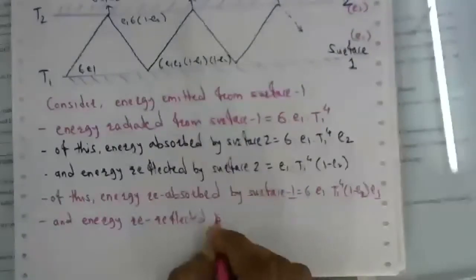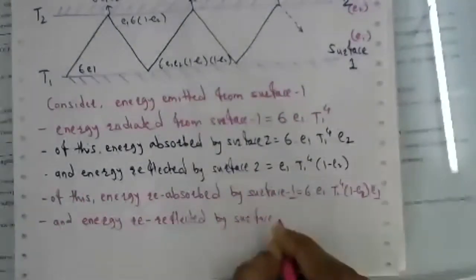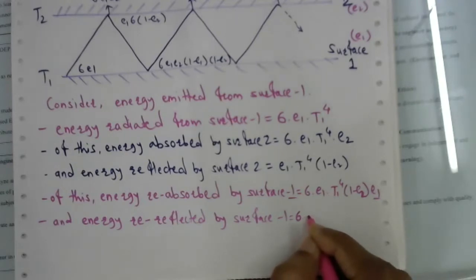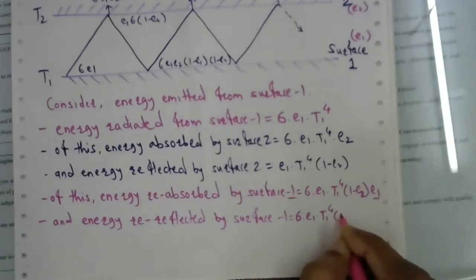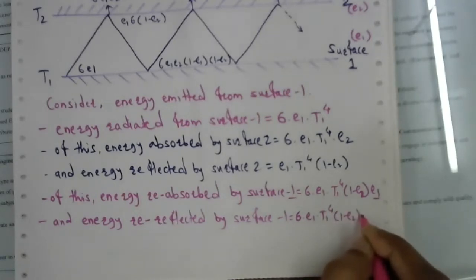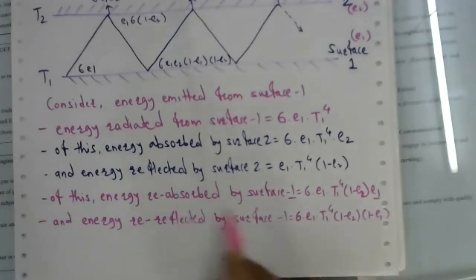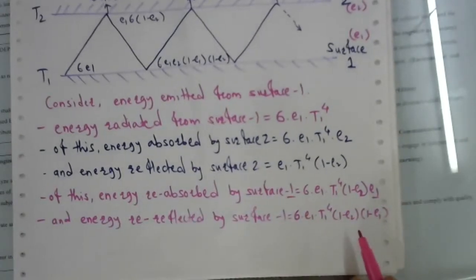The energy re-reflected by surface 1 is sigma E1 T1 raised to 4 into 1 minus E2 into 1 minus E1, because some part is absorbed, so the remaining part from surface 1 is 1 minus E1.